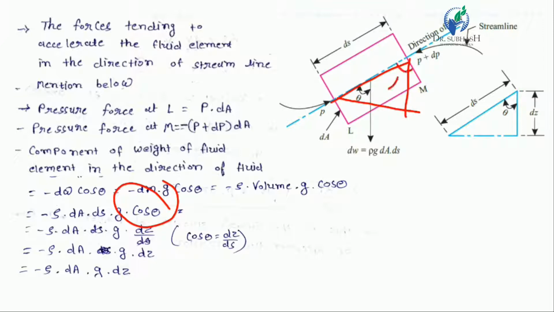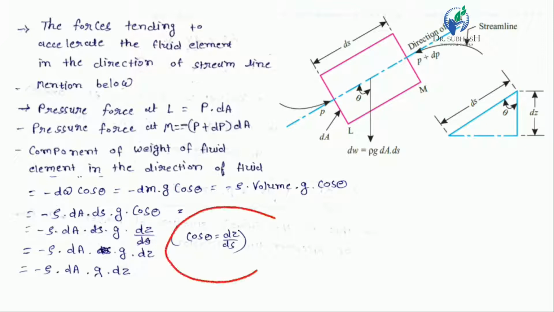This is the theta mentioned in the figure. Cos theta is equal to adjacent side upon hypotenuse, so cos theta is equal to dz upon ds. Putting this in the equation, ds cancels. What remains is negative rho dA g dz.